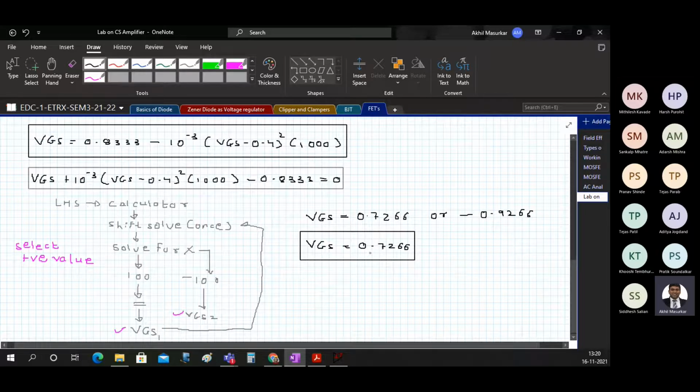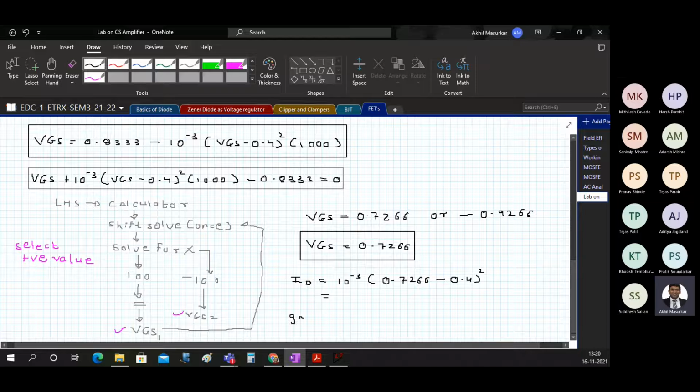Now we have got the value of VGS, 0.7266 volts. Now we can also get the value of ID, which is 10 raised to minus 3 into (0.7266 minus 0.4) the whole square. What is the value of ID?